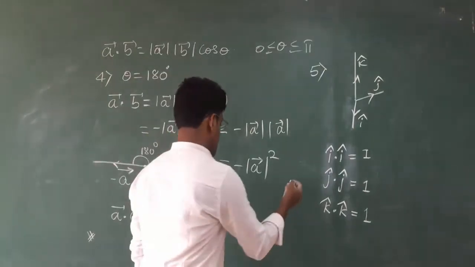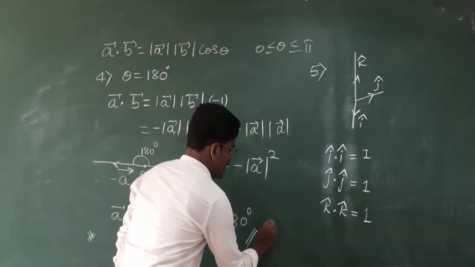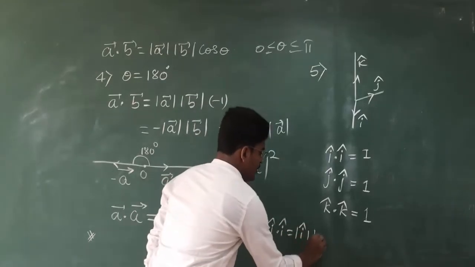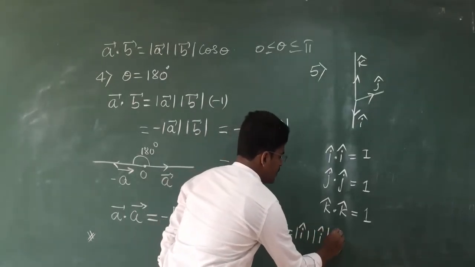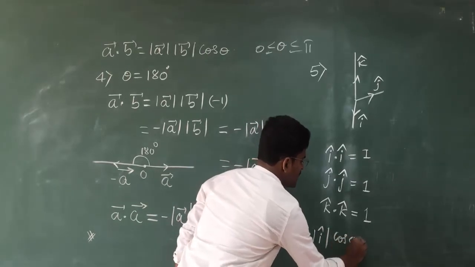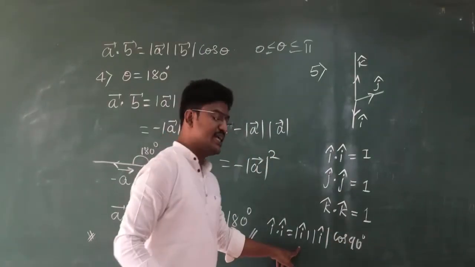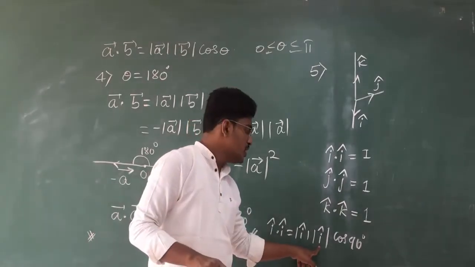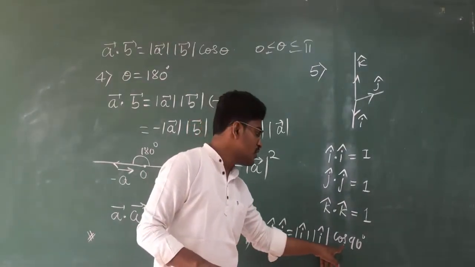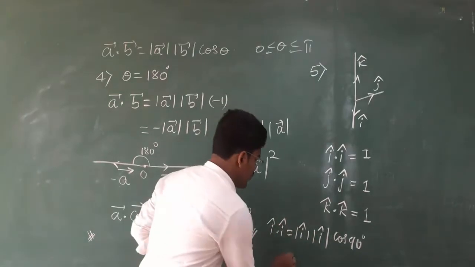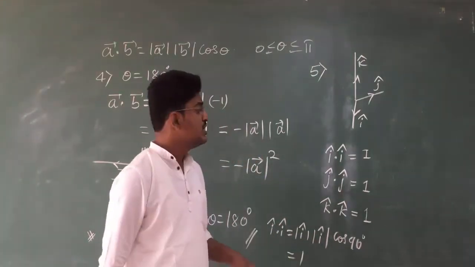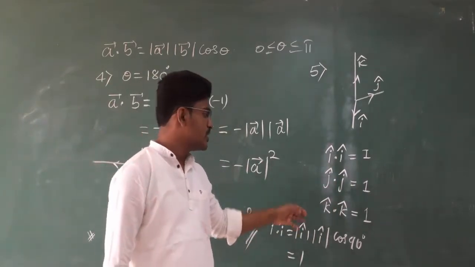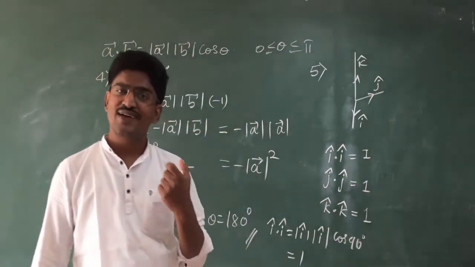Because clearly you can see that I cap dot I cap is magnitude of I cap into magnitude of I cap cos 90 degrees. Unit vector means magnitude must be 1. Cos 90 means 1. So the output is 1. In the same way for j cap dot j cap, k cap dot k cap, the output is going to be 1.